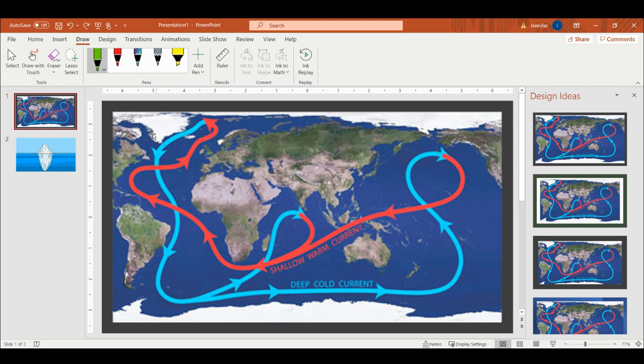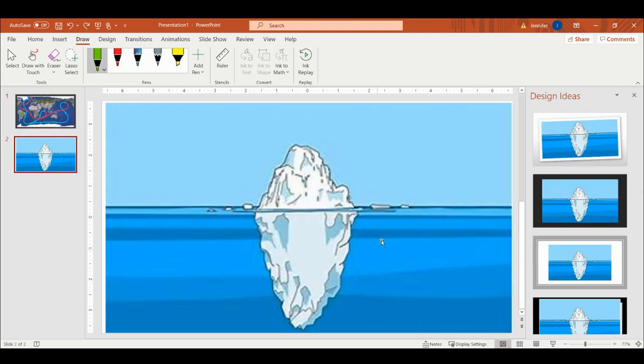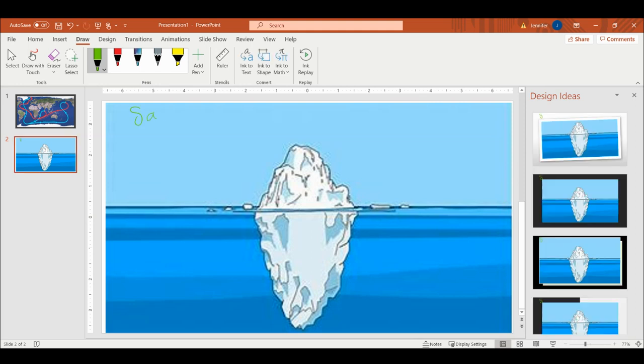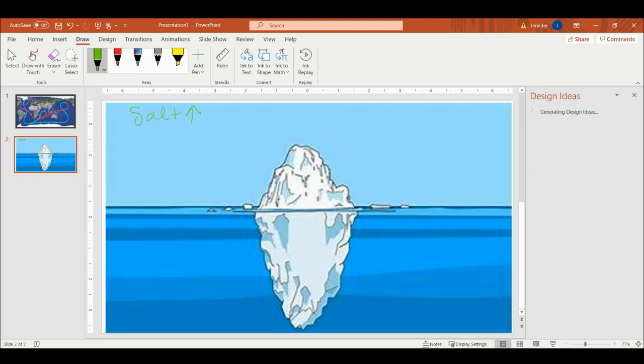If we look at the ice, it actually does something to the water. Ice pulls fresh water out because ice is mostly fresh water, so it will leave the salt water there.